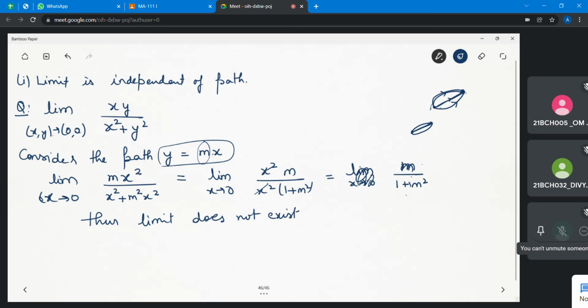Right. Similarly, let us suppose we have to evaluate the limit of this function, tan inverse y by x, right? So if we put the limit, तो tan inverse 1, हाँ, so plus minus pi by 2 आ जाएगा ना ये.